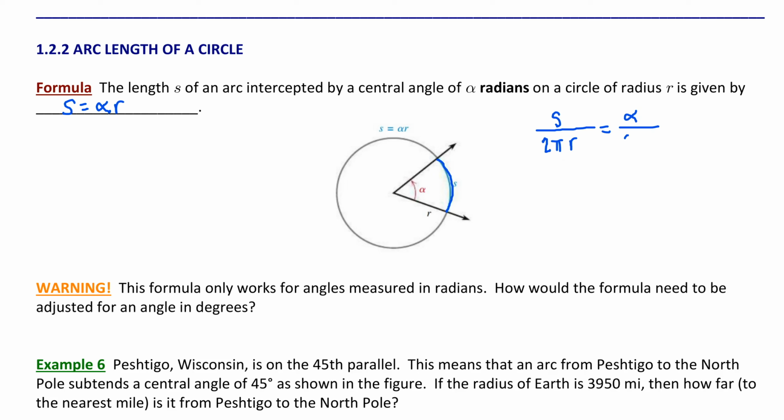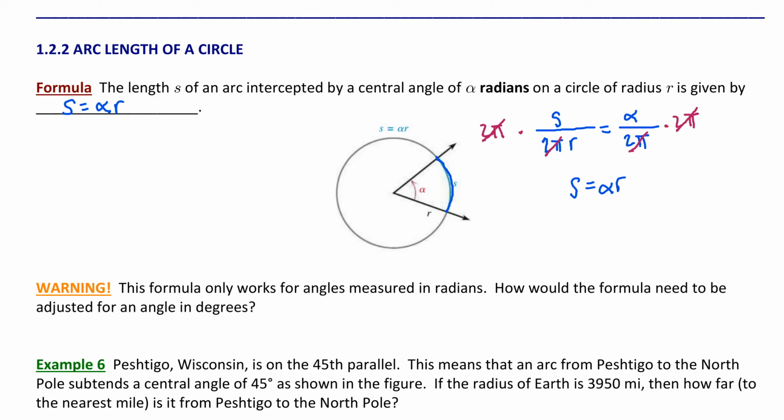That is an angle of 2 pi. Notice if we multiply both sides by 2 pi, we ultimately lose that factor. And then we can multiply both sides by r to obtain our formula S equals alpha r.